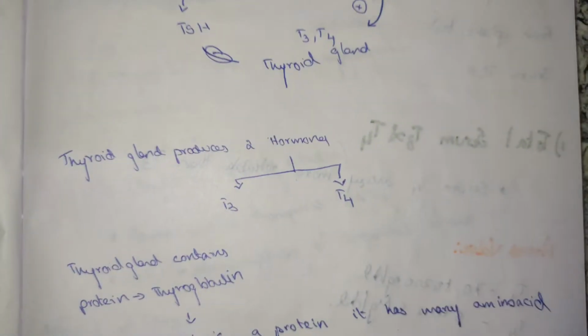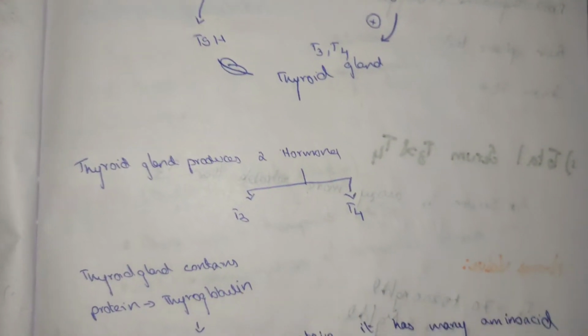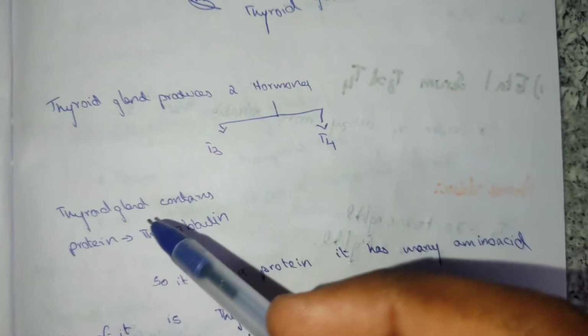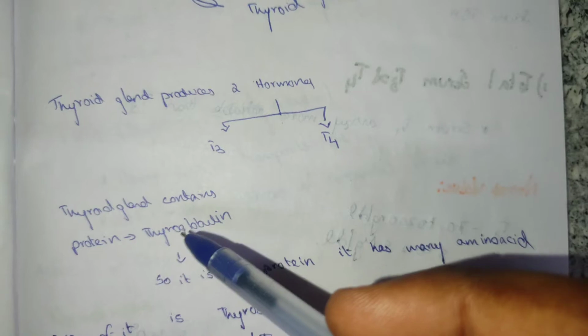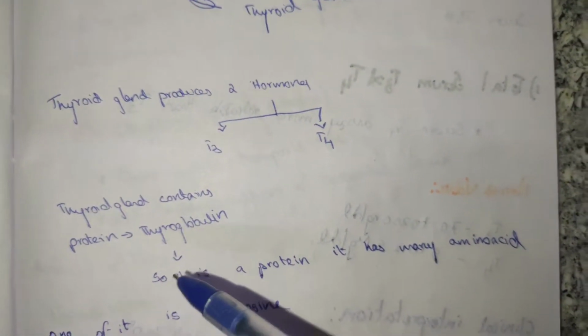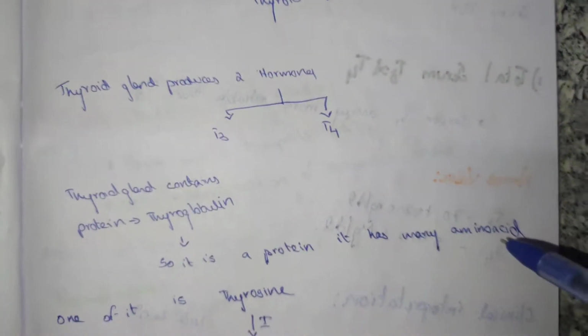Now the thyroid gland produces two hormones, which are T3 and T4. The thyroid gland contains a protein known as thyroglobulin. This thyroglobulin is a protein, so it has many amino acids.